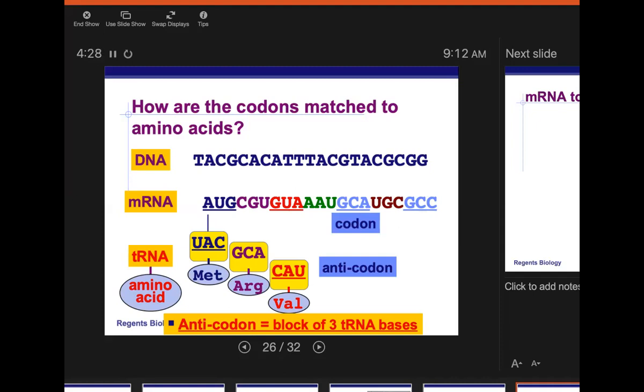So you can go directly from mRNA to the amino acids. You don't have to go through the tRNA on your papers. Now, in reality, though, we know that tRNA is what's bringing those amino acids in. So we need to address that that's how this is happening.